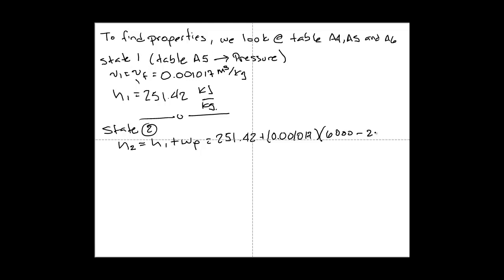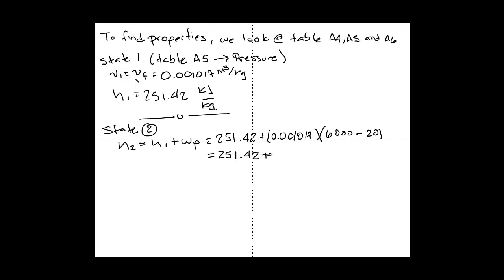Both should be in the same unit, so 6 megapascal is converted to kilopascal, so it will be 6,000. And this work will be close to 6 kilojoules per kilogram, sorry. So if you compare that number with the energy that goes inside the pump, you can see that it is small in comparison, and that's why sometimes the work of the pump is neglected.